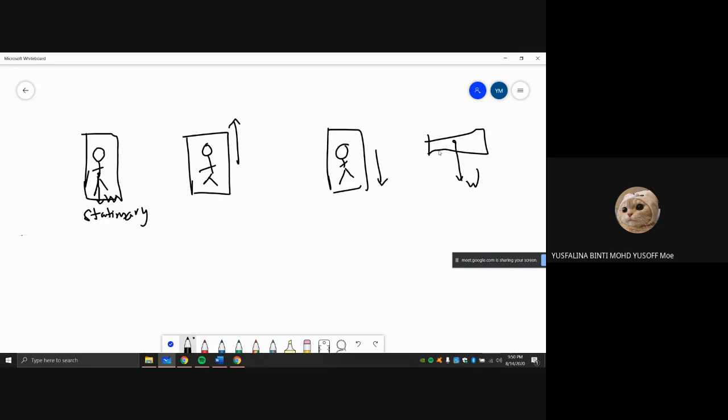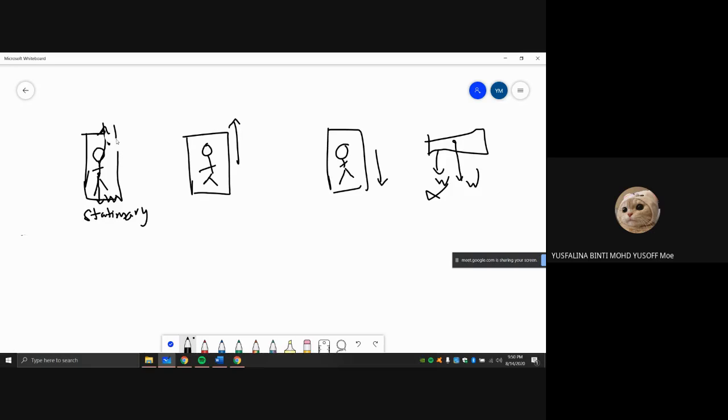If you write it like this, this one is wrong. So this is weight. And then there is another force acting on it, which we call the normal force, or this one is R.